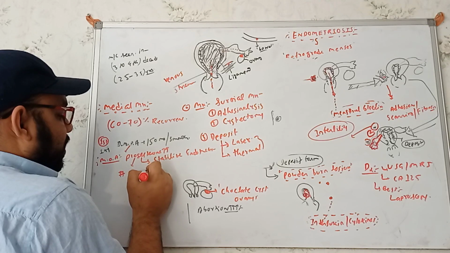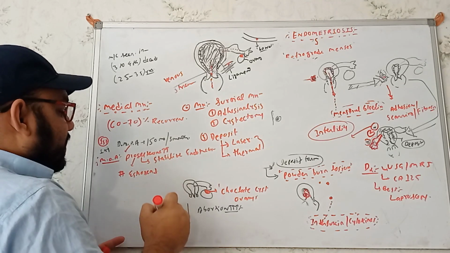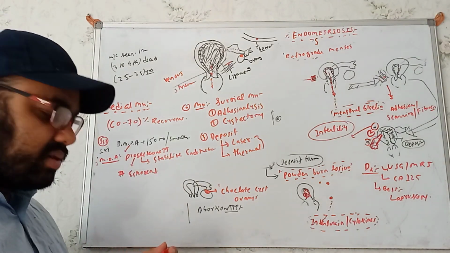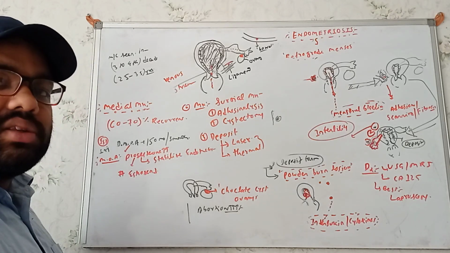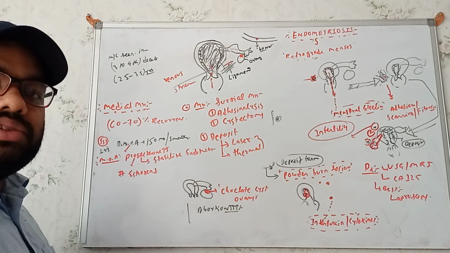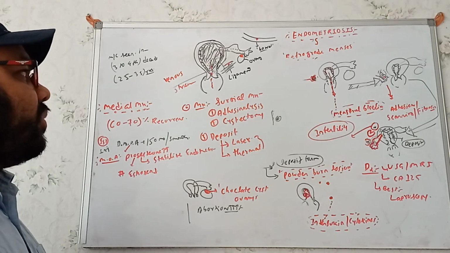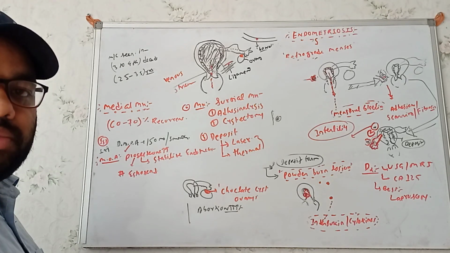So estrogen will be less secreted. Whenever the amount of estrogen is less, try to understand, there will be no ovulation, there will be no menses, so there will be no bleeding, so there will be no pain.